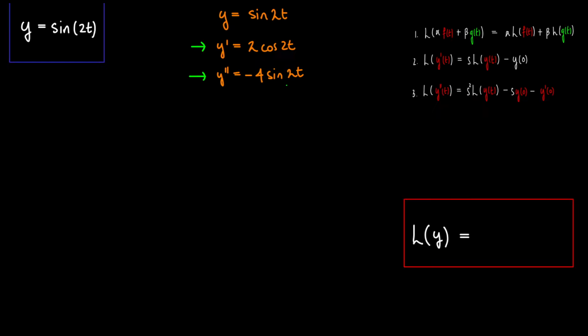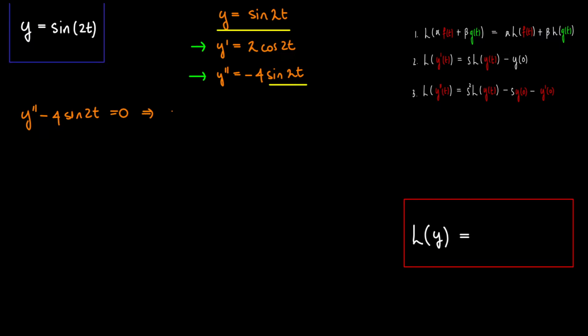Now, why do we stop here? The reason is that the sine 2t can be replaced by a y. And what is the resulting equation? Well, y double prime minus 4 sine 2t equals 0.